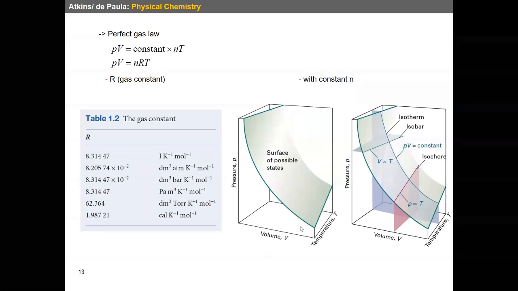And actually, this R is related to the Boltzmann constant k.